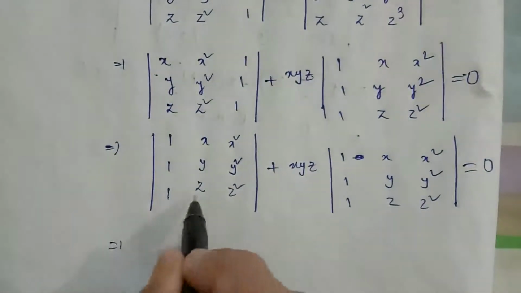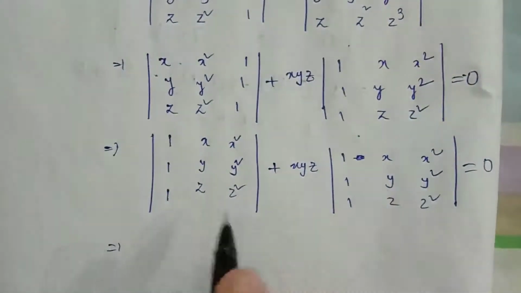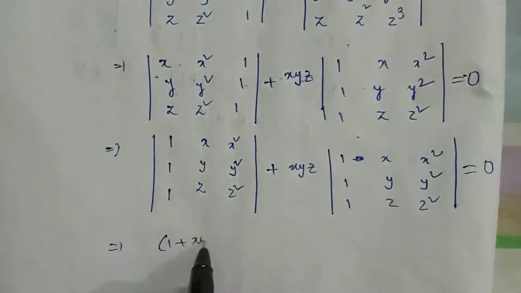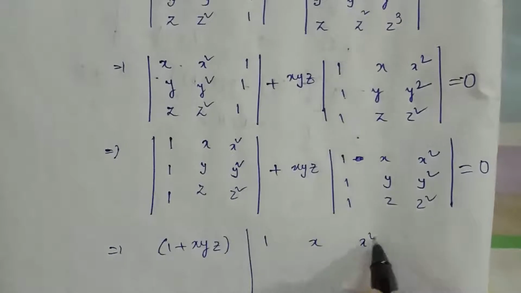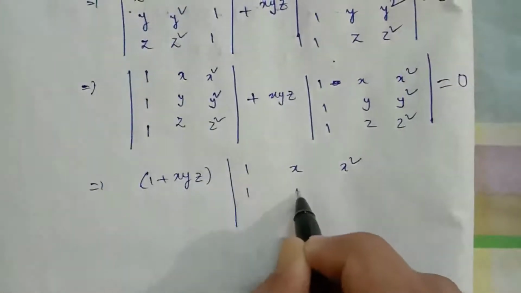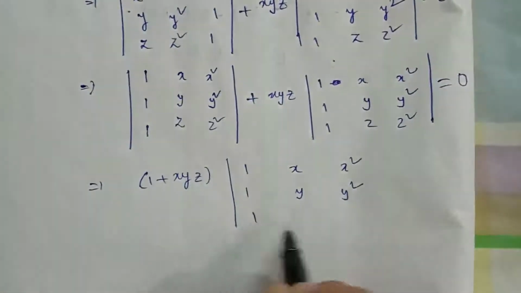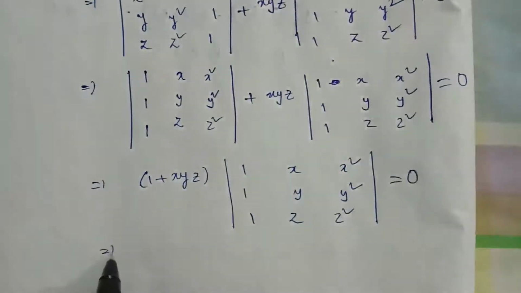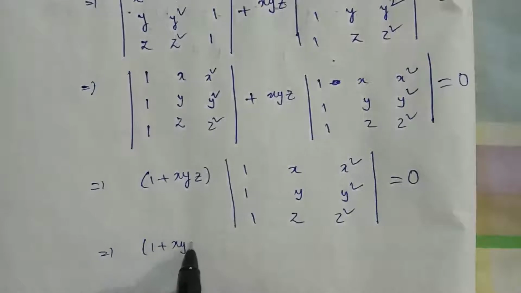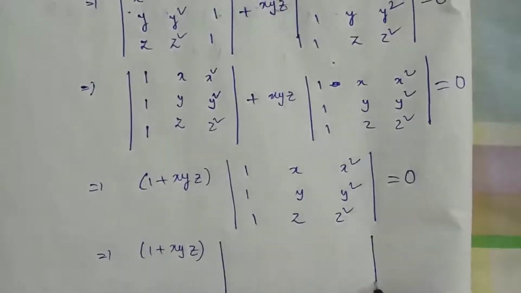Okay, now you can see these two determinants are same. We can take this determinant common, we will get 1 plus xyz into this determinant 1 x square, 1 y square and 1 z square is equal to 0. Next, our aim will be to bring zeros in the determinant, and we can do it easily.